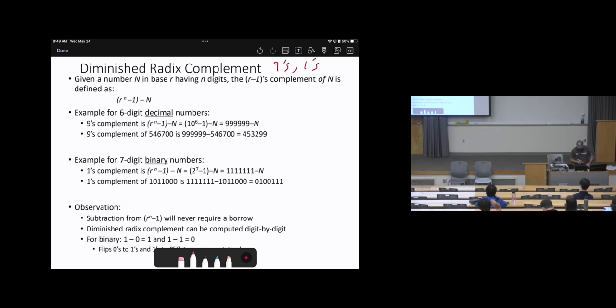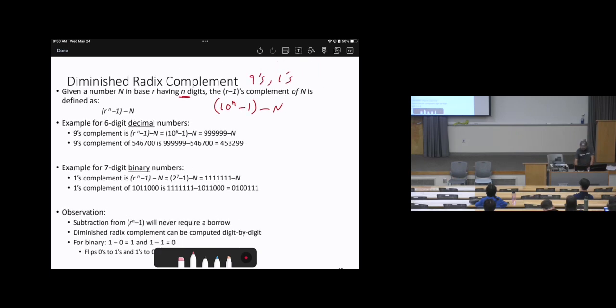So let's assume we have n bits. In nines complement, we can say 10 to the power n minus 1, putting in n depending on the number of bits, then subtract the original number from it. How was this formula created?